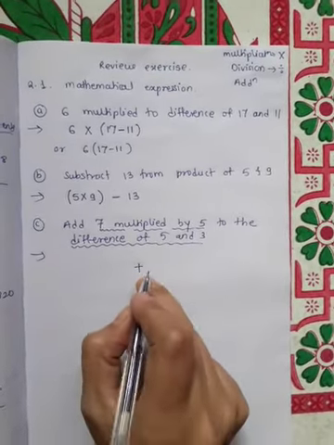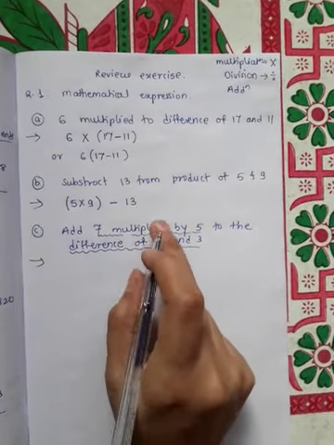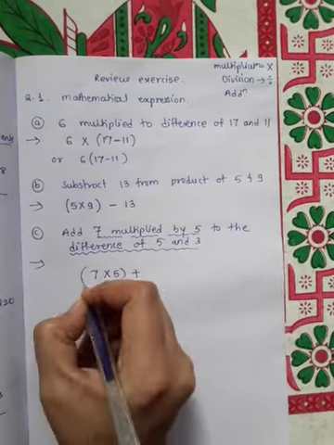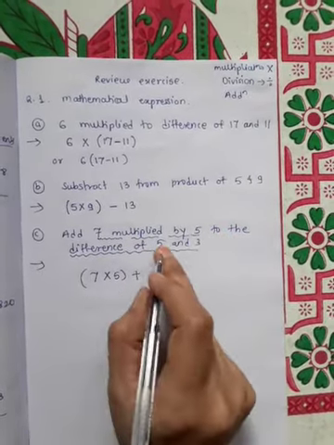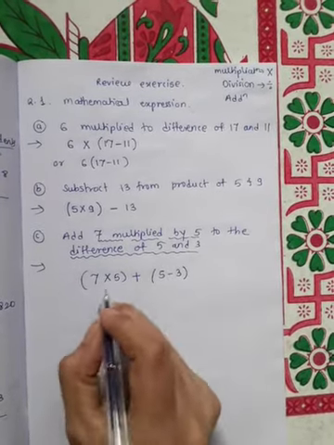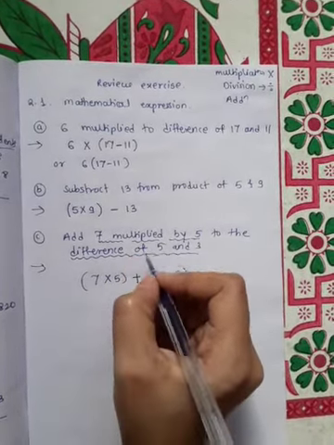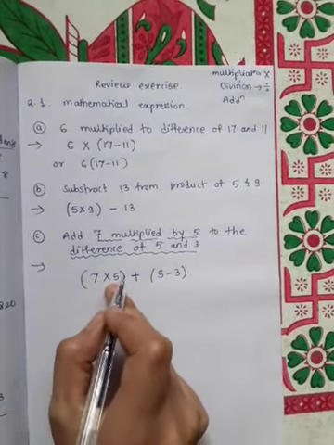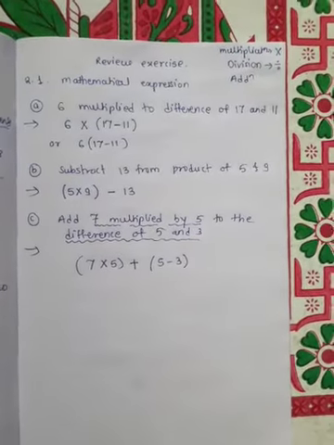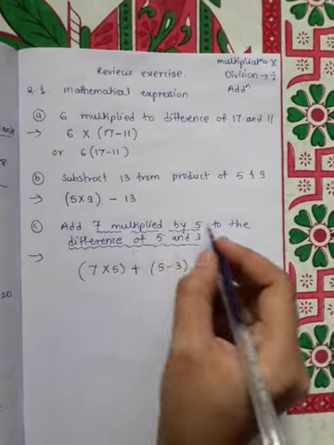The two terms are 7 multiplied by 5, which means 7 into 5, and the difference of 5 and 3, which means 5 minus 3, so we put brackets here. This is the mathematical expression for this statement.